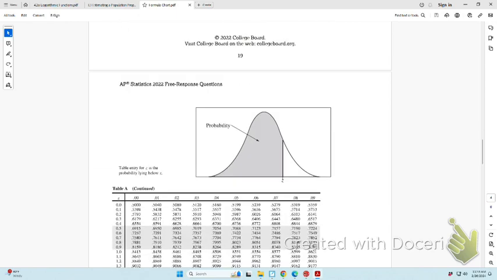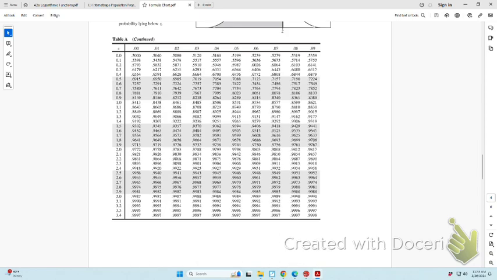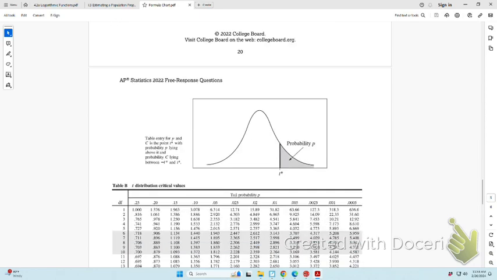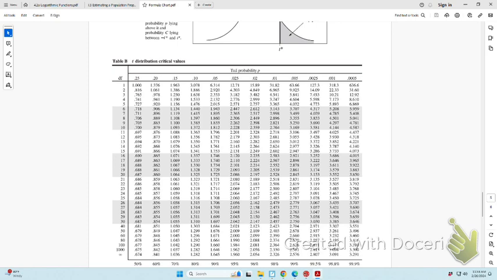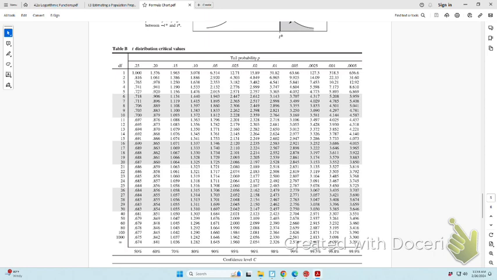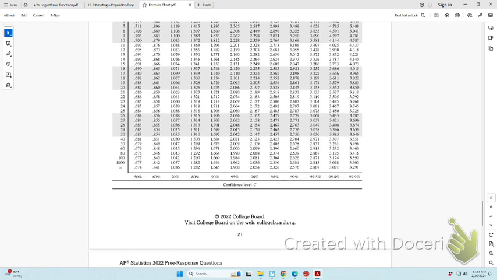Here's the positive side of the bell curve, positive z's. And then table B, this is the t distribution. We're going to talk about it this week when we move on to means. But it's very useful if you read it from the bottom up. You can read this two different directions. You can read it top down for hypothesis testing, or you can read it bottom up to work a confidence interval.